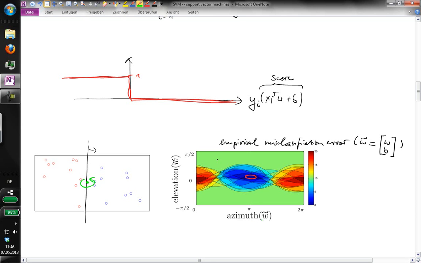And I've plotted here W in terms of its azimuth and elevation. So these worst possible decision planes correspond to this region or to that region. You see I have a total of 20 points on the left-hand side. So the best possible classification error I can get is 0, and the worst I can possibly get is 20. Makes sense, I hope.